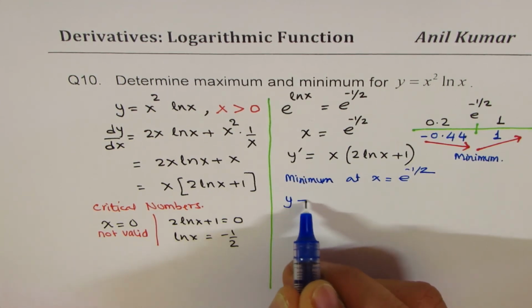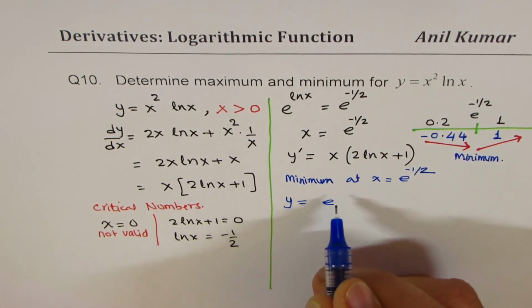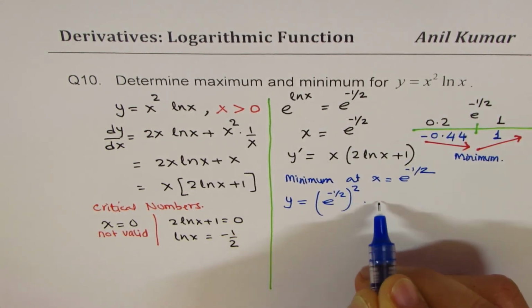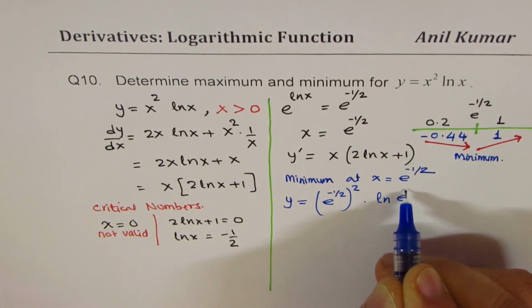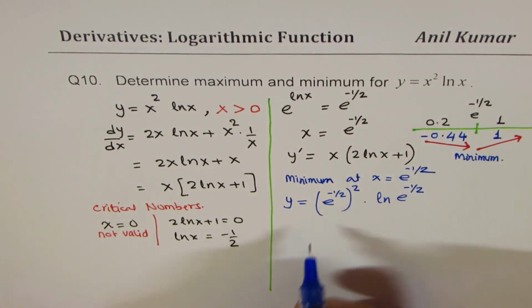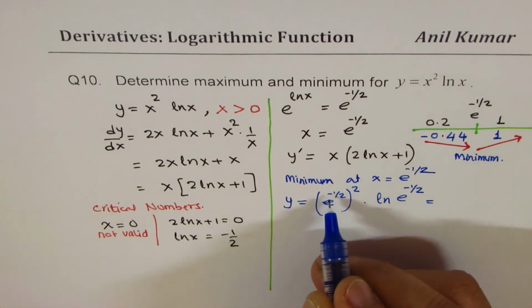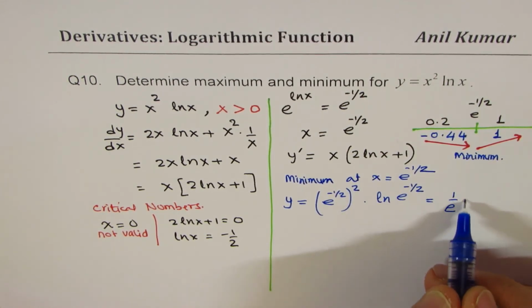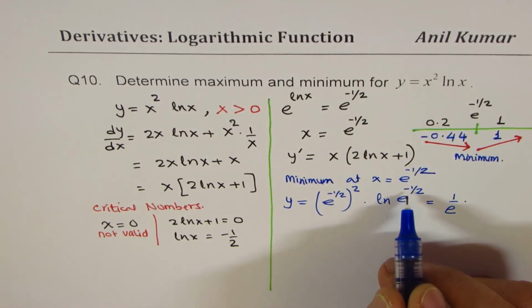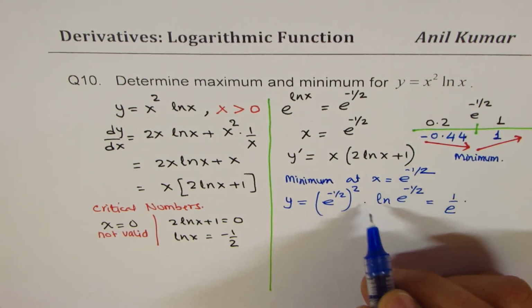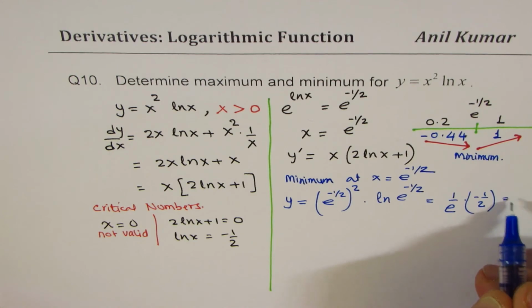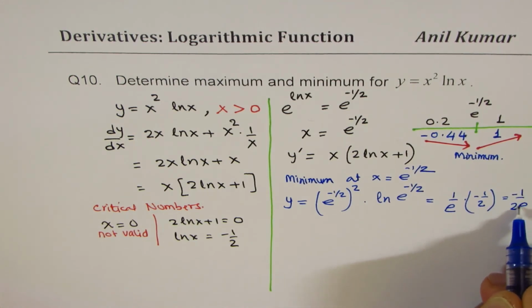So we get y equals e to the power of minus half whole square times ln e to the power of minus half, right? So that is e to the power of minus 1 or 1 over e. And here ln e is 1, to the power of minus half, that comes here, so we get negative 1 over 2, right?